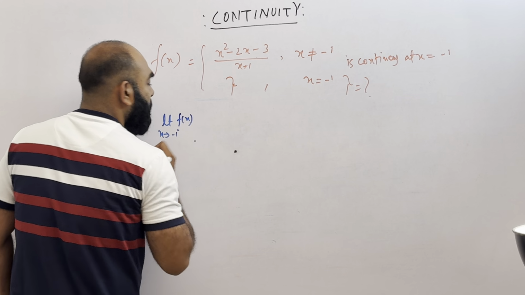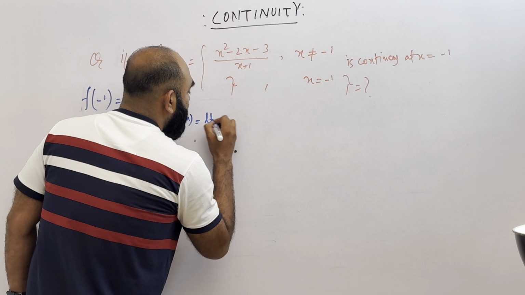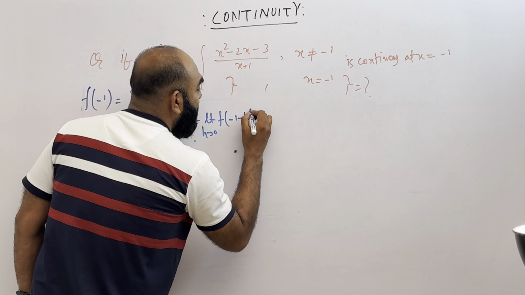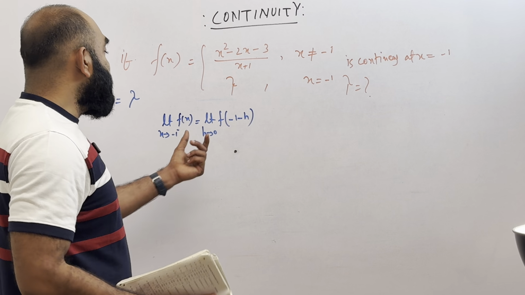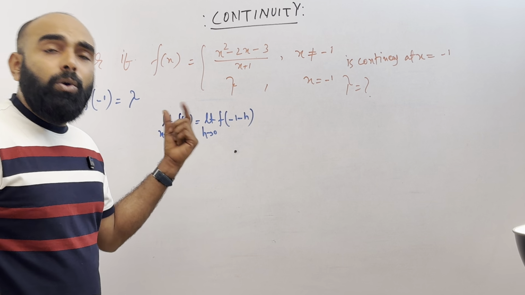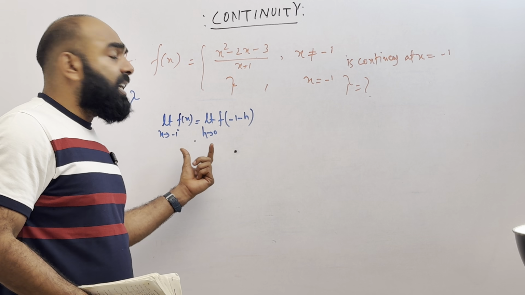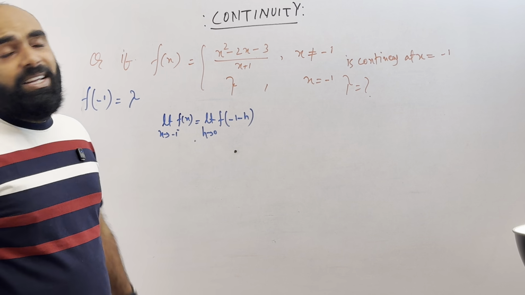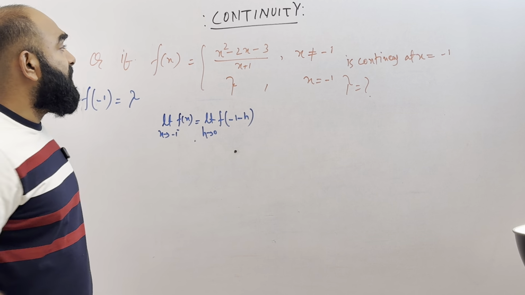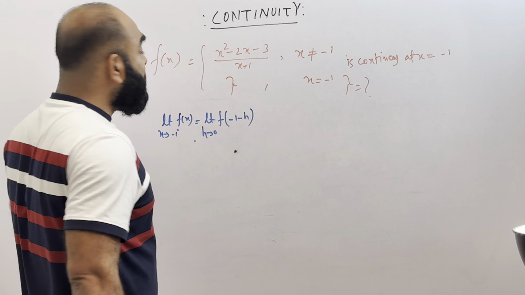It's equal to limit h tends to 0 f of a minus h, that is minus 1 minus h. Go in the function and in place of x keep minus 1 minus h. Which function is valid here?